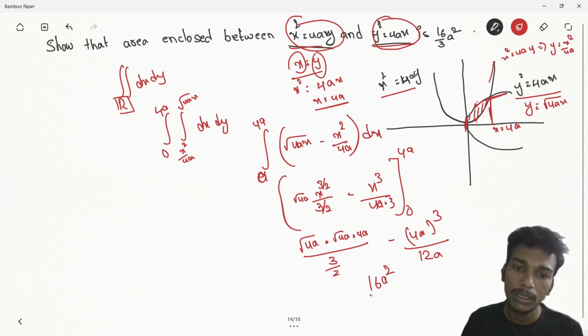This is going to be 16a square by 3 by 2 minus 64a cube by 12a.